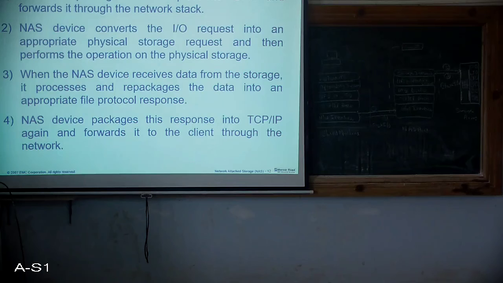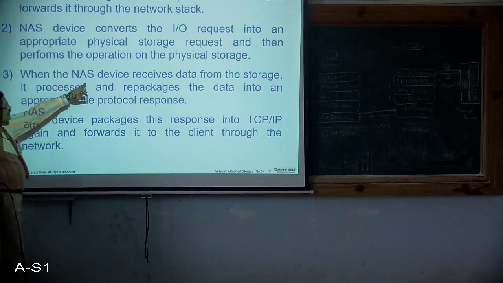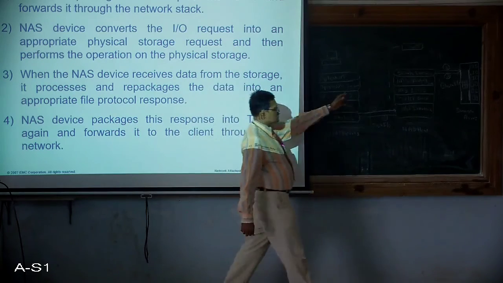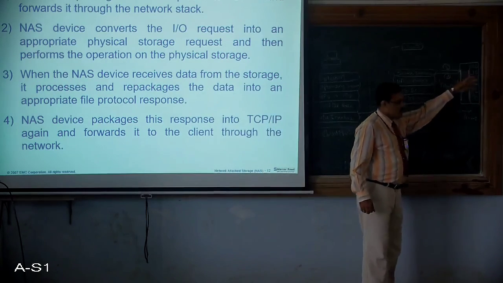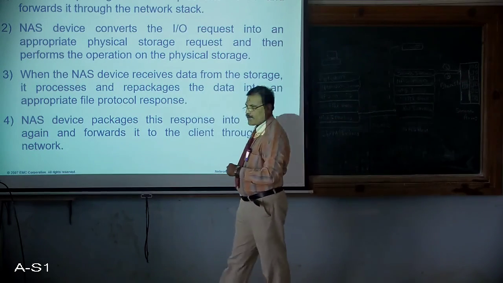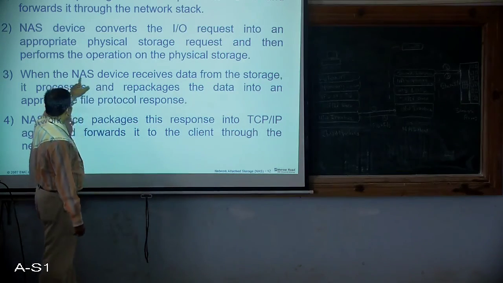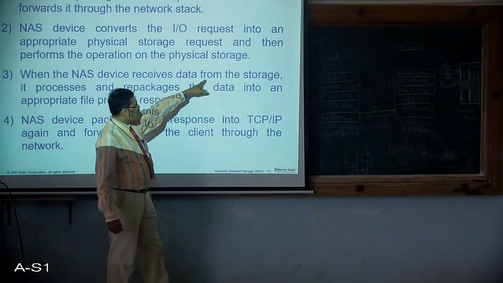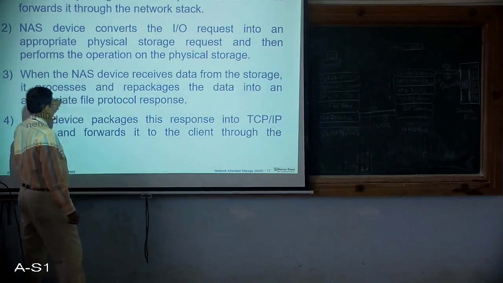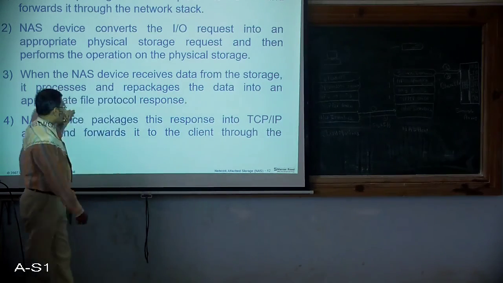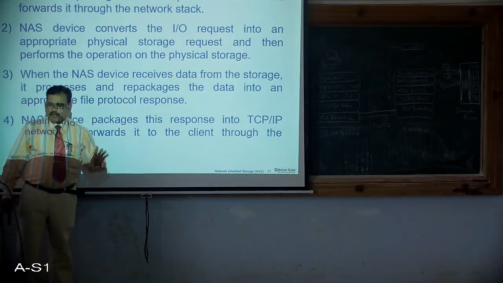Then in the third step, what happens when the NAS device receives the data from the storage? The request has gone to the second level, so the storage device has to respond to that request. When the NAS device receives data from the storage, it processes and repackages the data into an appropriate file protocol response.